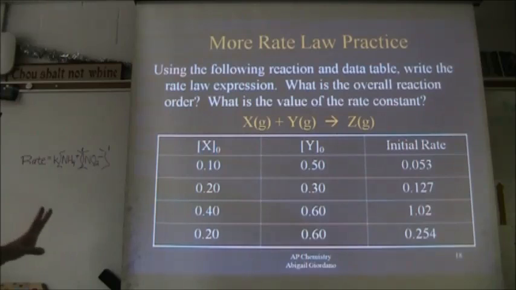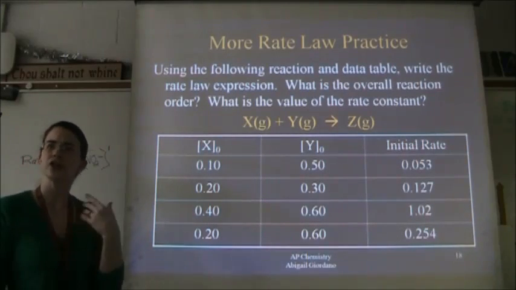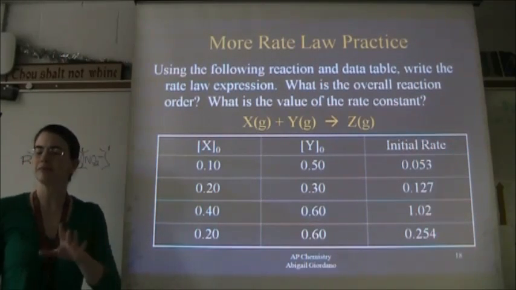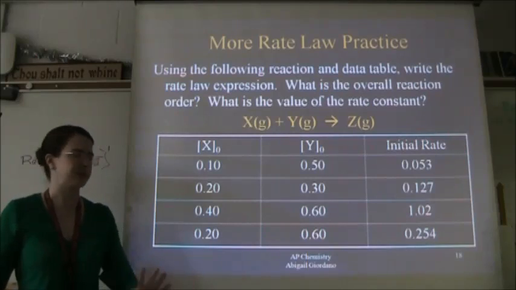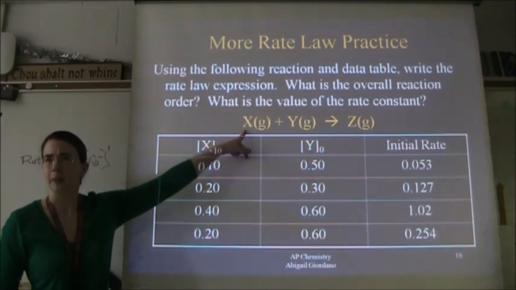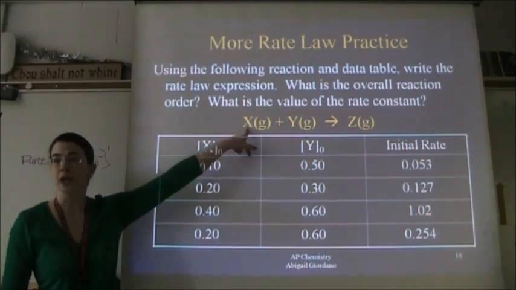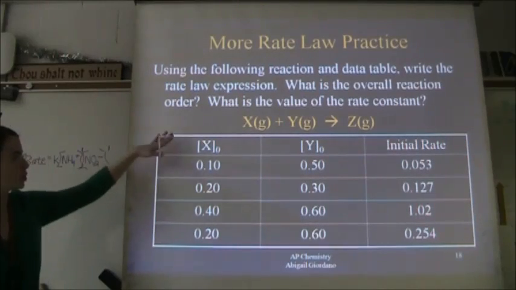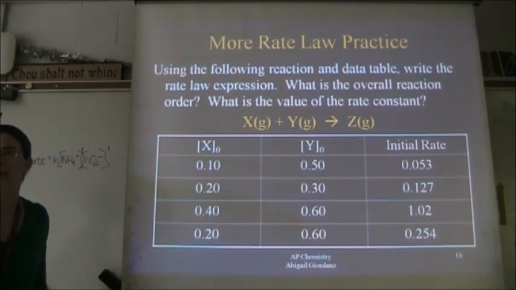Guys, let me just interrupt you here for 1 second, just in case this was causing a problem for anyone. When you're trying to find the exponent for this first reactant here, which two lines look to you like the best ones to compare? To find the exponent for x.